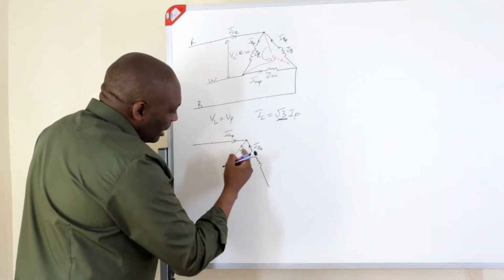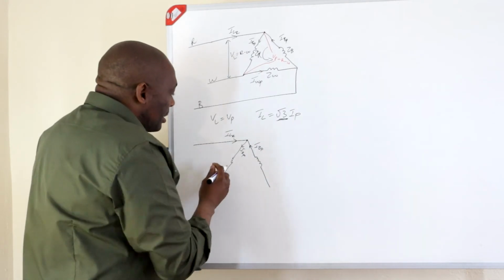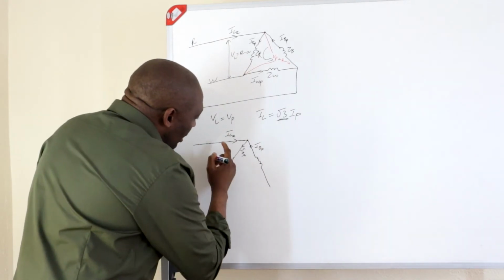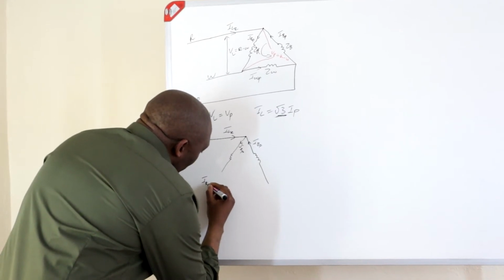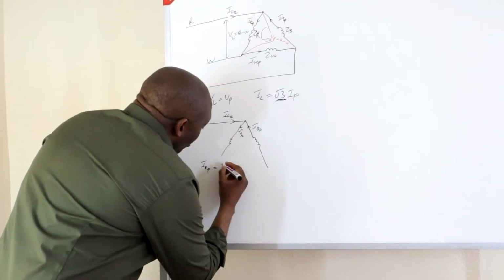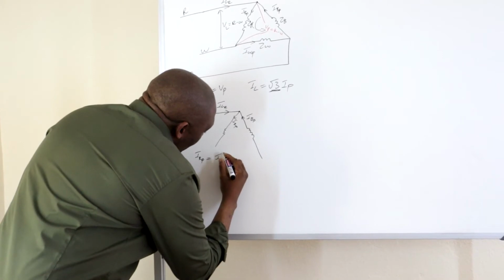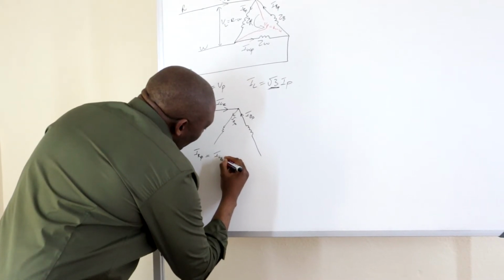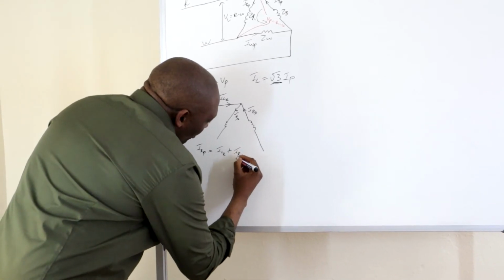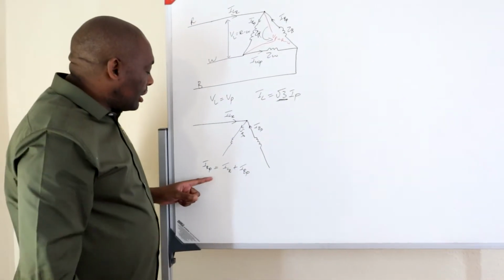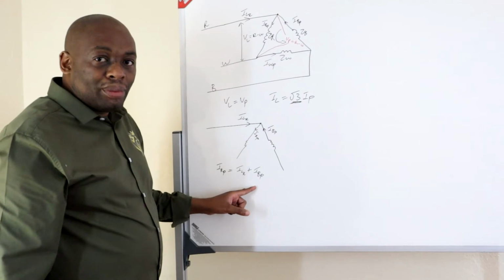So if we write this as an equation, your I red phase is equal to your I red line plus your I blue phase. This is only in terms of magnitude.